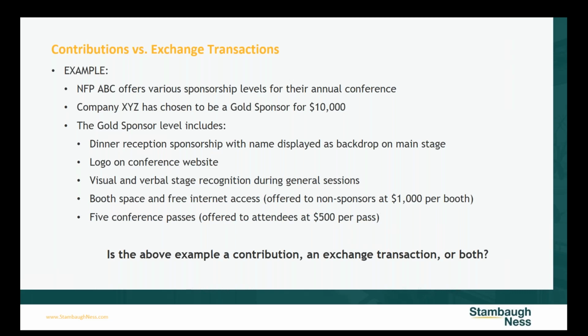Based on this information, the question we ask ourselves is: is the above example a contribution, an exchange transaction, or do we have both?